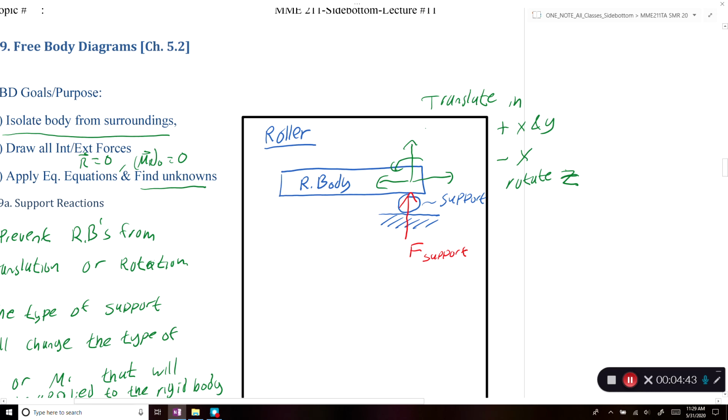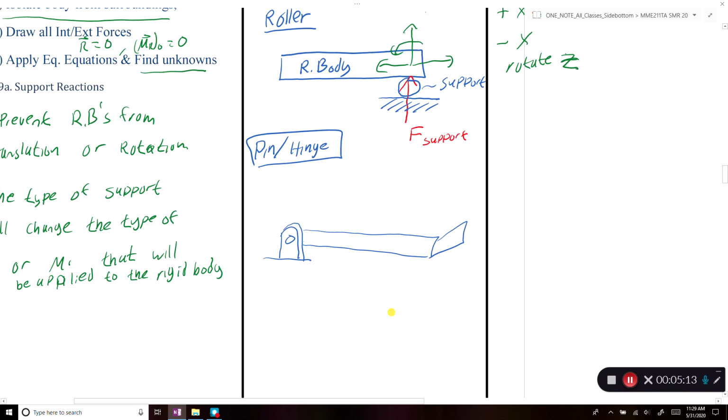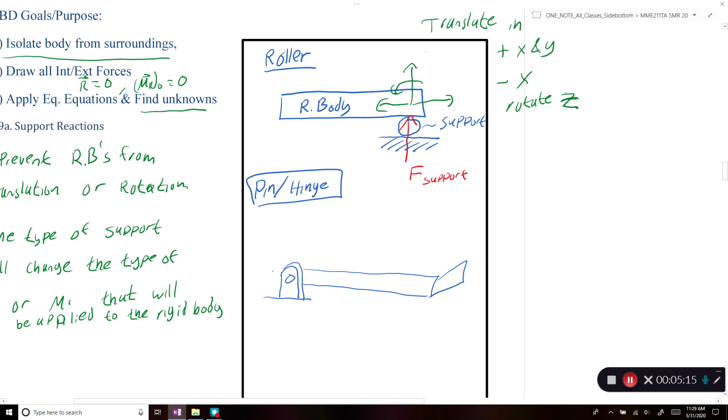Our second case is when you have a pin or a hinge that attaches to your rigid body. What this will look like is, our rigid body is this beam here, and we have a pin that's going through the beam.